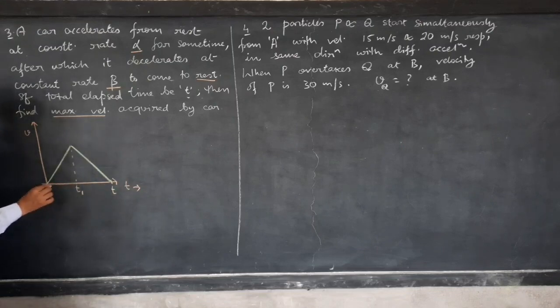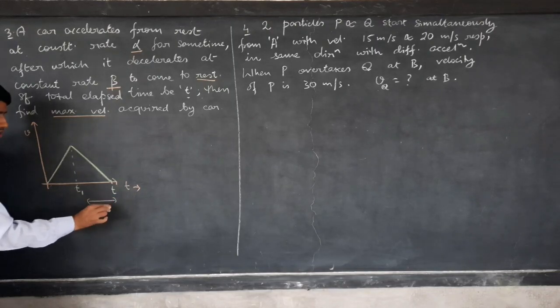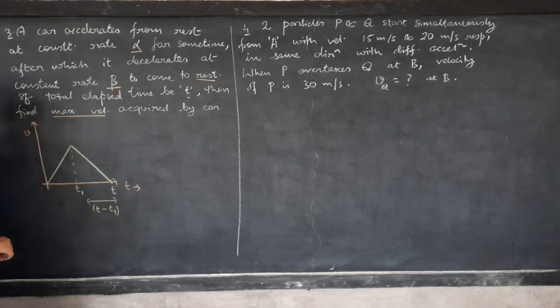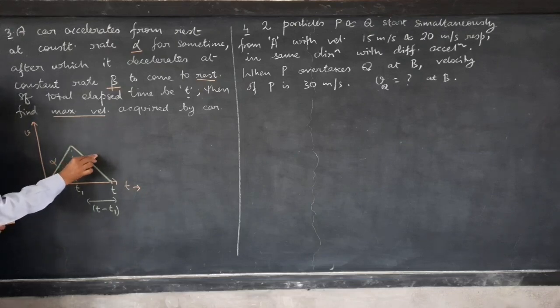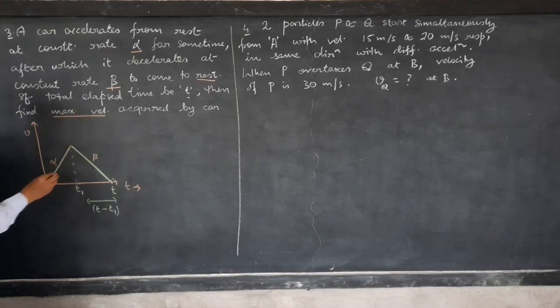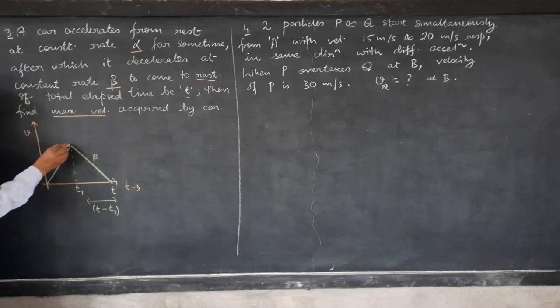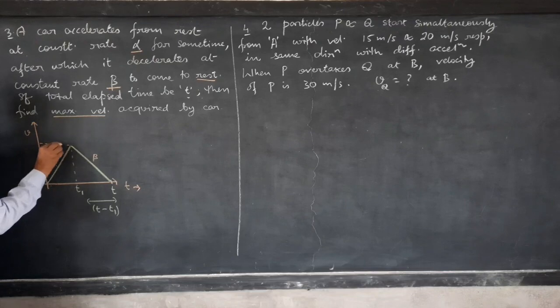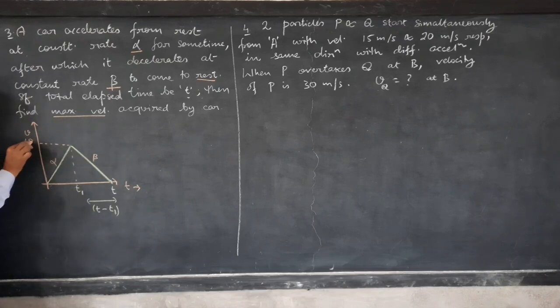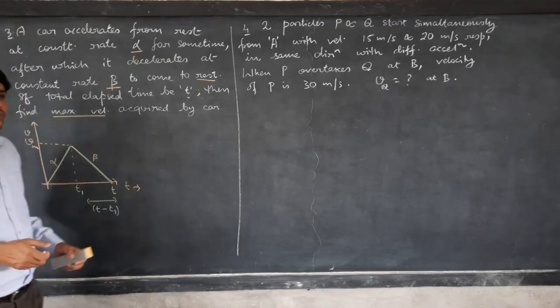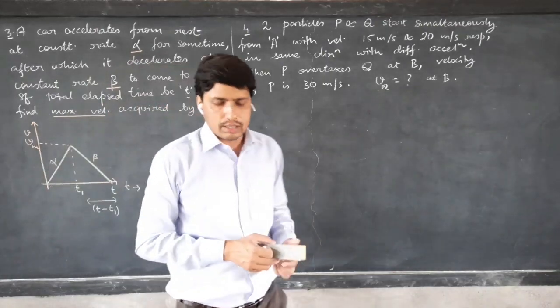From here to here, this is t1, and from here to here, this will be t minus t1. Here the rate is alpha, and here the rate is beta. We have to find the maximum velocity. You can see the velocity rises to a maximum value, which we'll call Vm, m for maximum. So we have to calculate the value of Vm.